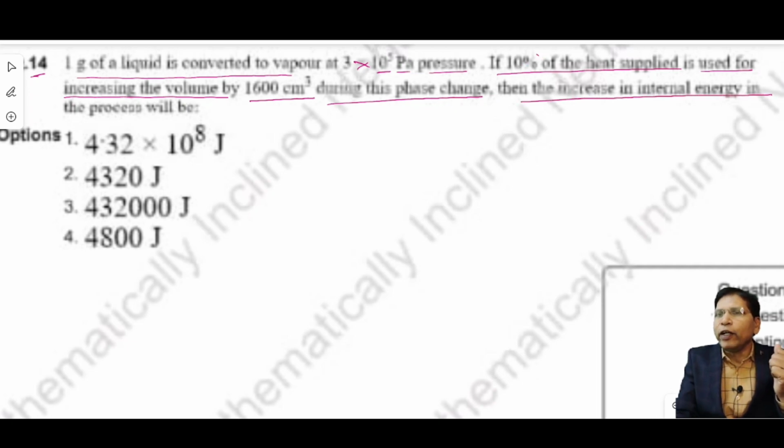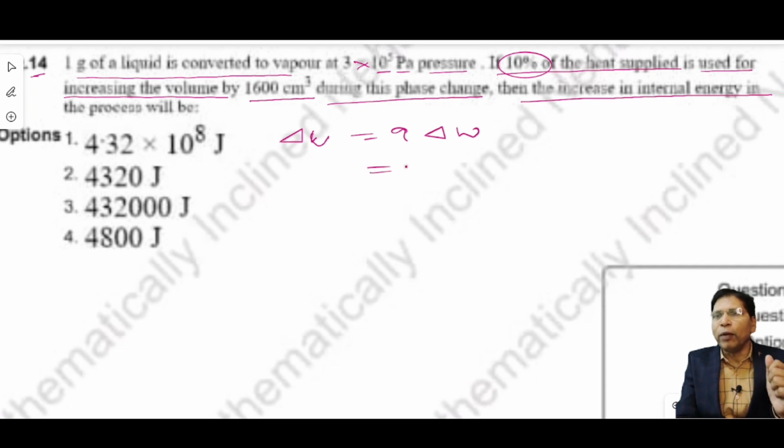So 10% of heat supplied is used to increase its volume, so the rest 90% is used to increase the internal energy. So the increase of internal energy is 9 times the work done. So this is 9 into delta W.